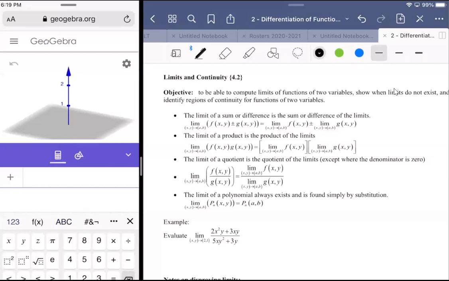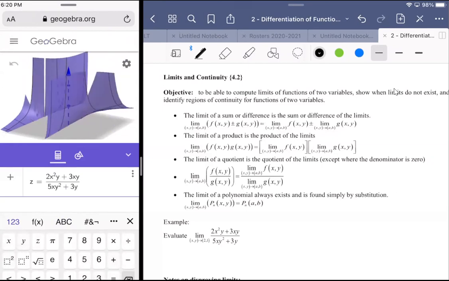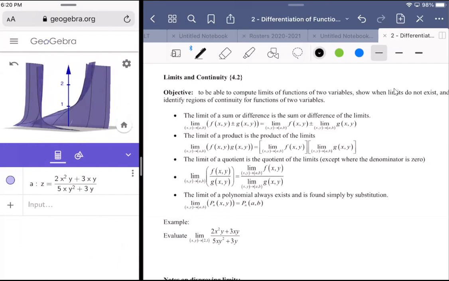Z would be equal to the fraction 2x squared y plus 3xy over 5xy squared plus 3y. All right. So that's what our function graphs to, assuming I typed it in correctly.